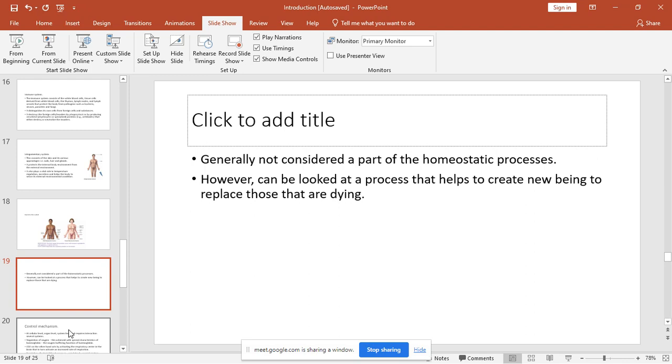It can be debated really how that helps to maintain a constant environment in an organism. Perhaps not at an organism level. I mean, it's food for thought, basically.